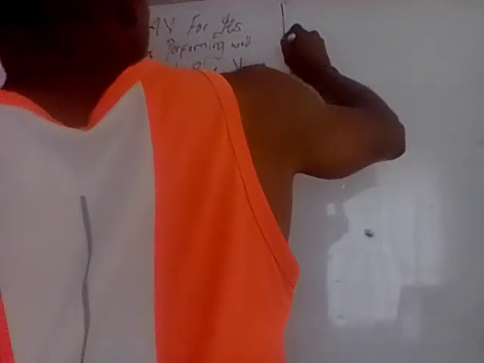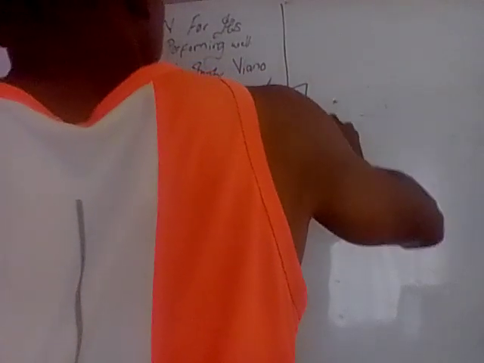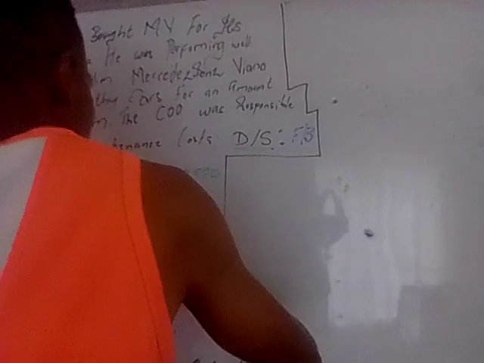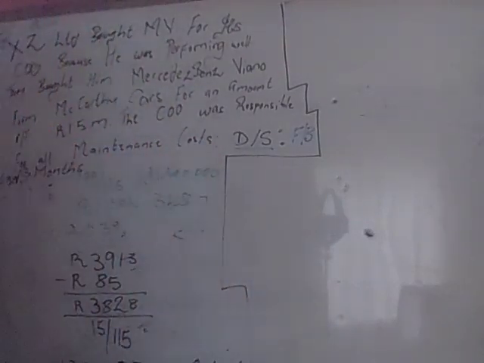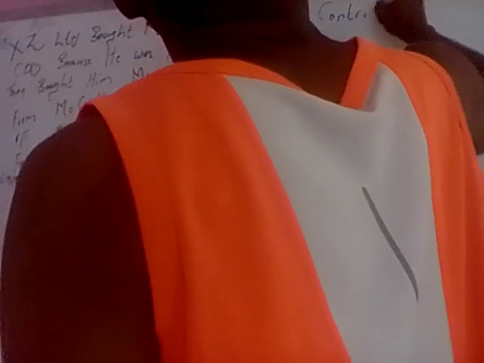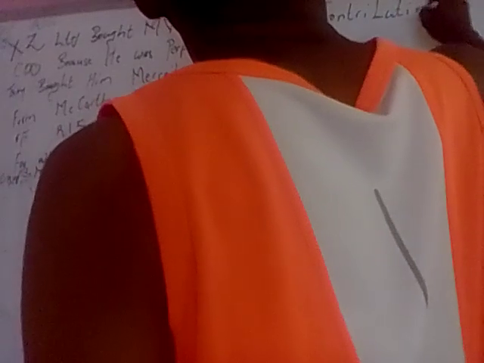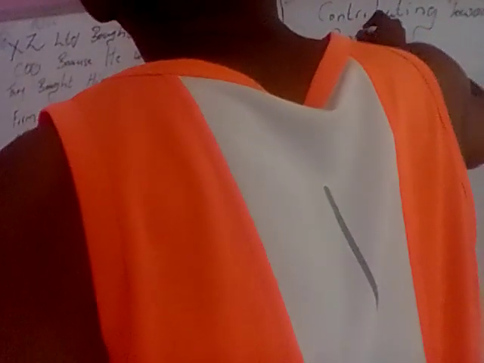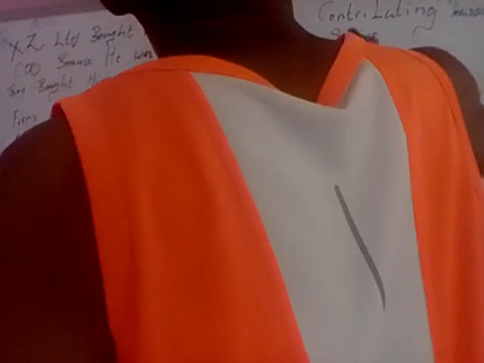So we can also get a situation now. Let's say we have the very same situation, but the gentleman was now not responsible for the full maintenance cost, but he was contributing towards repairs of the vehicle, and was contributing, let's say, 2,000 rands every month.